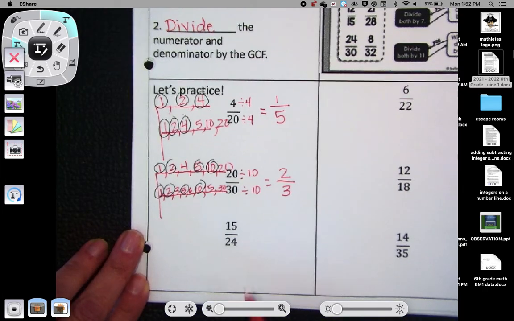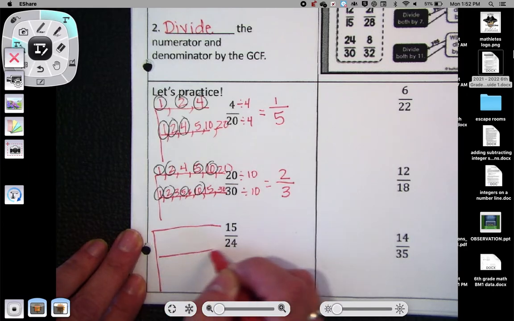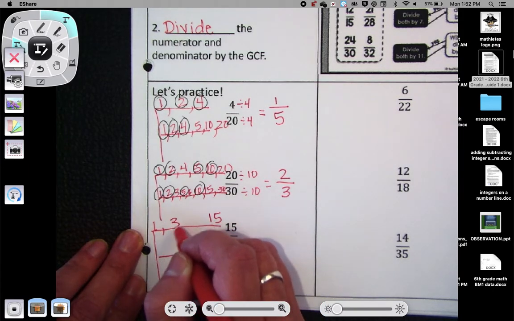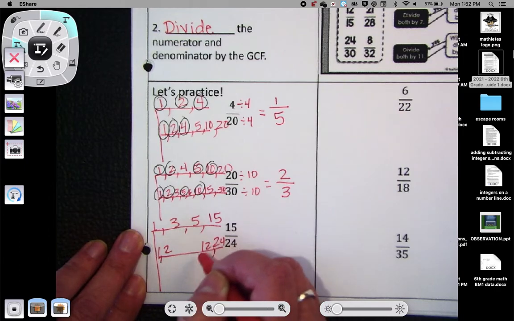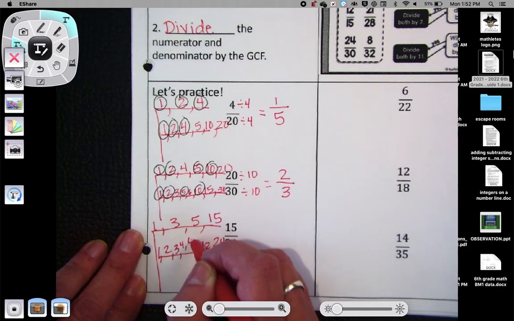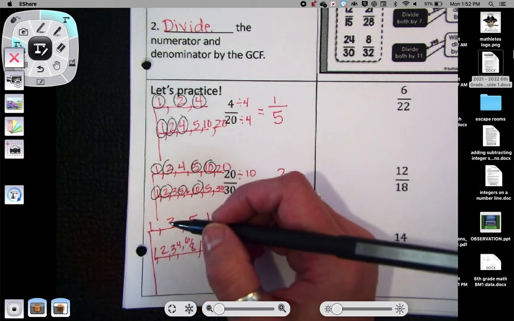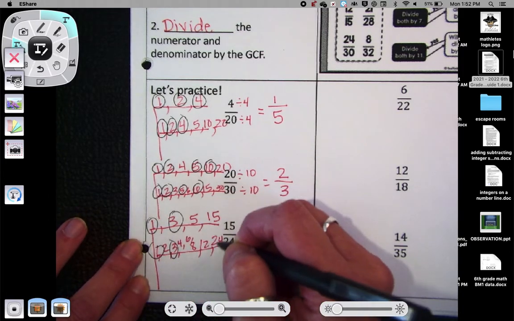Okay. 15/24. Greatest common factor of 15 and 24. 1 and 24. 2 times 12. 3 times 8, 4 times 6. 1, 3.